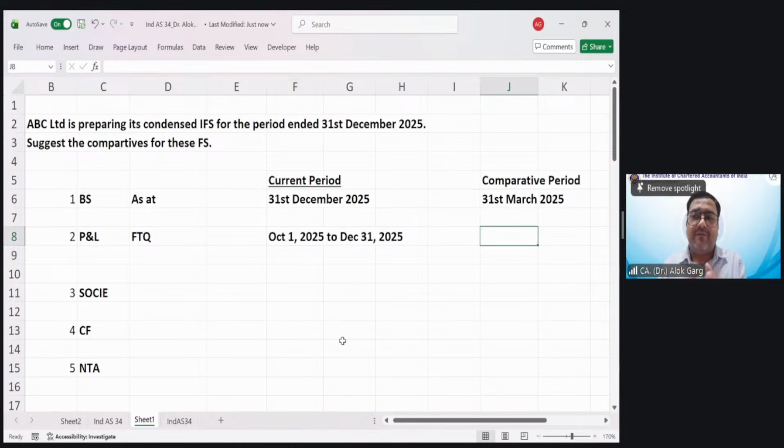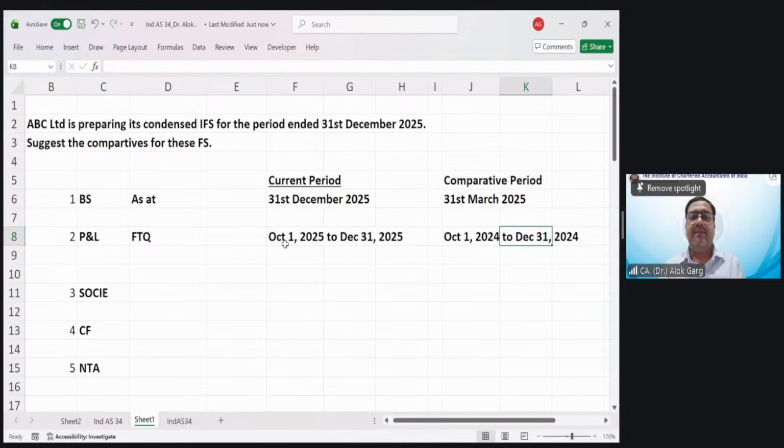What is the comparative of this October 2025 to December 2025? Yes, Q3 24-25. It is October 1, 2024 to December 2024. So basically it is Q3 24-25.